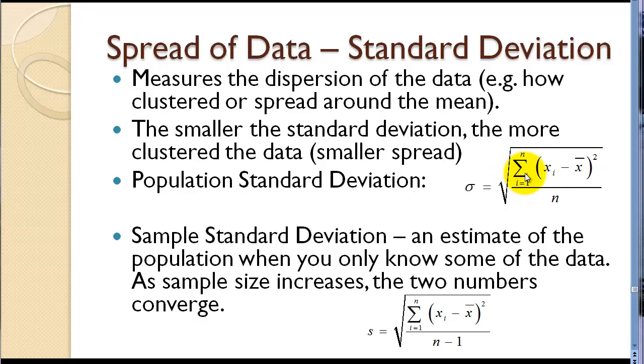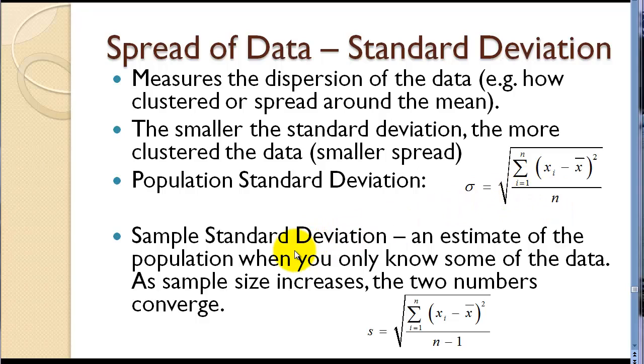So that's what this is saying, is that we're going to take each data item and subtract from it the mean. So we're finding the distance from the mean of every item and squaring that number, and adding all those distances up, and then dividing by n, and then taking the square root.